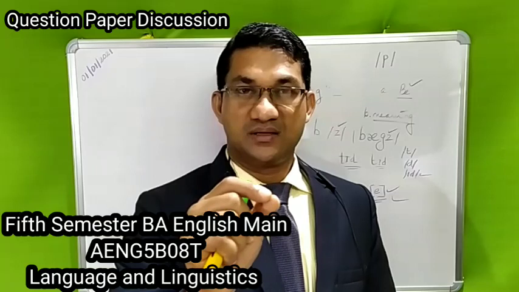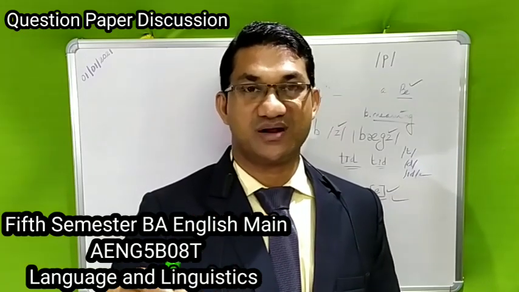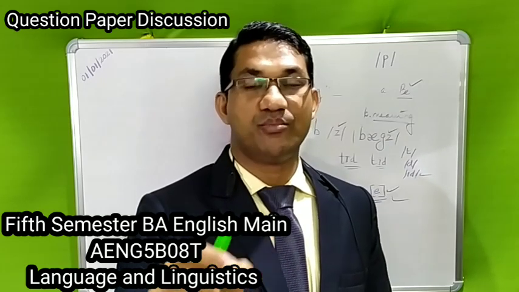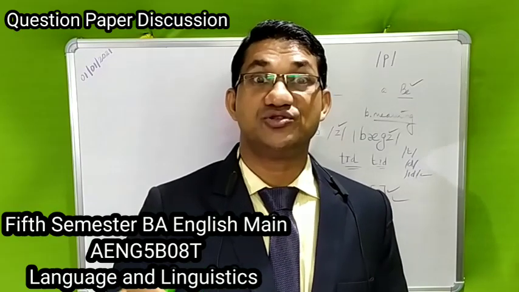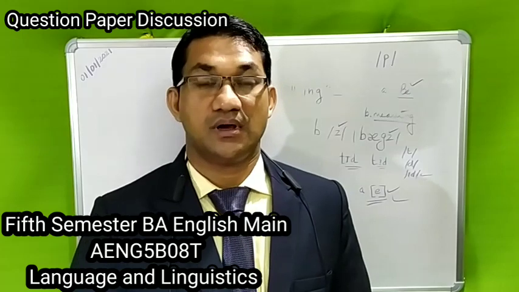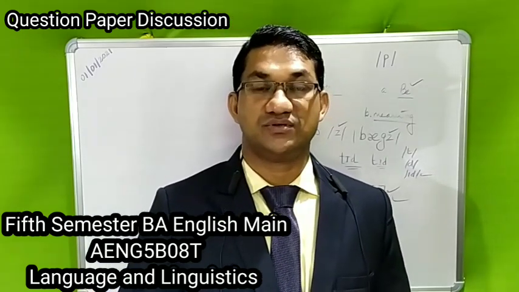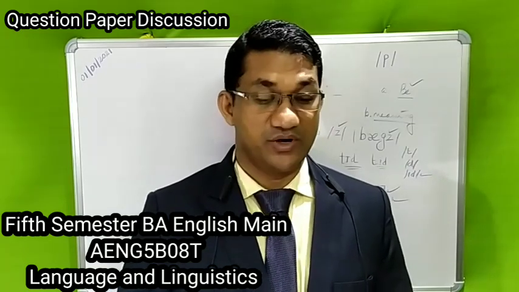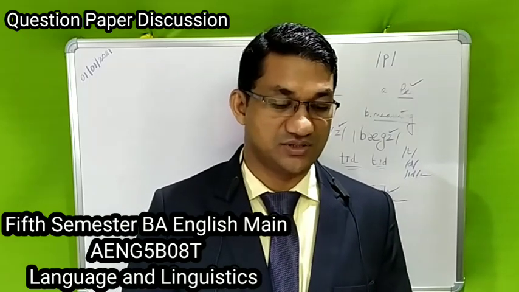We have single bar juncture, double bar juncture, double cross bar juncture, and all this indicates how much pause is given. Juncture corresponds to the punctuation marks in writing, and it is the pauses we give in our communication when we speak. Pause is juncture.